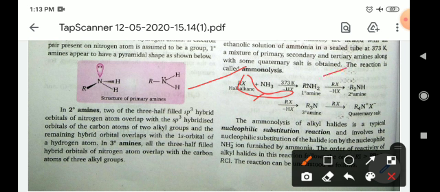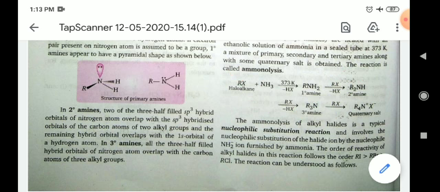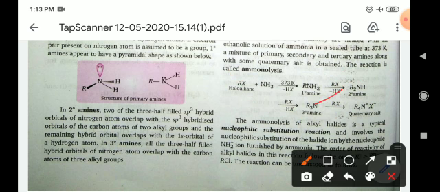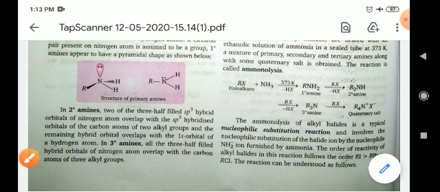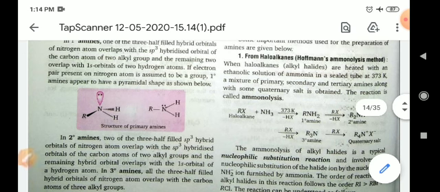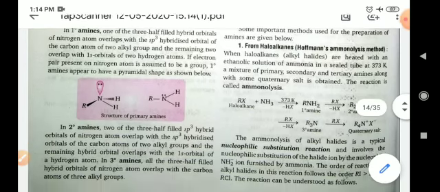Adding another RX, one HX is removed and it forms R2NH, and after adding one more RX, it will form R3N amine, and after that, finally adding one more mole of RX, it will form a quaternary salt. So it is basically a substitution reaction of ammonia and formation of the amine.